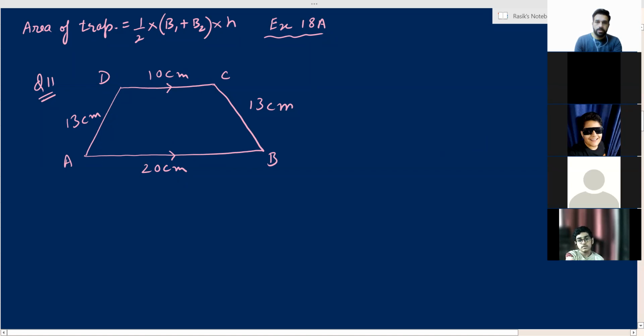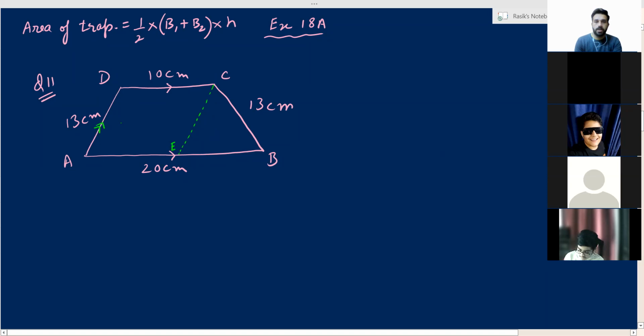Okay. So in this case, there will be a construction. Construction I'm showing with this green color. Write down everyone. Draw CE. Draw a line CE parallel to AD.